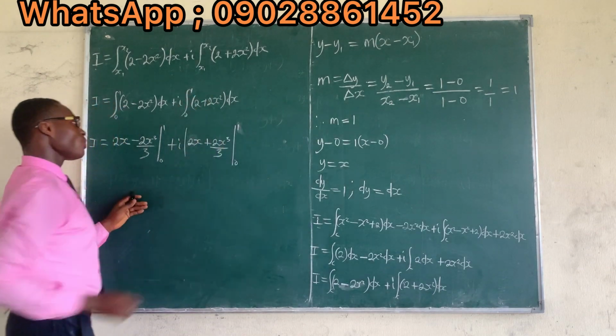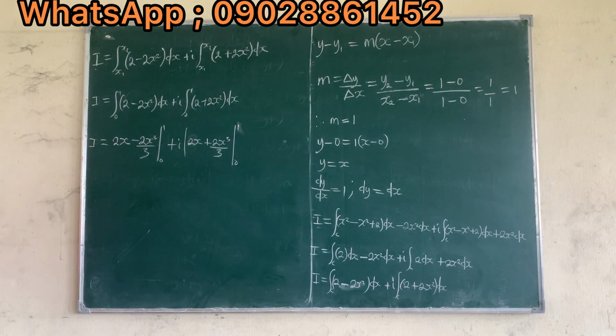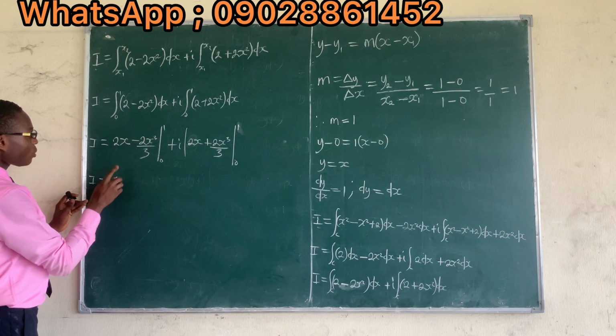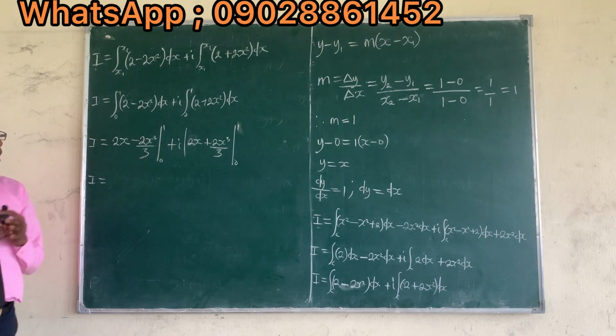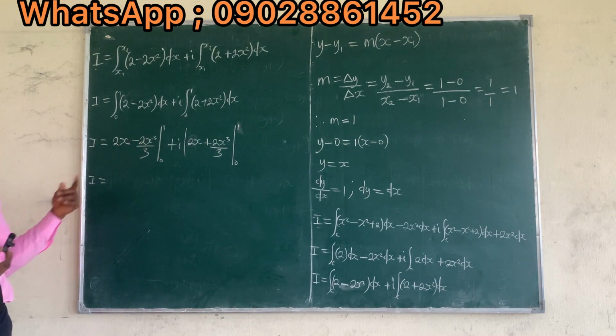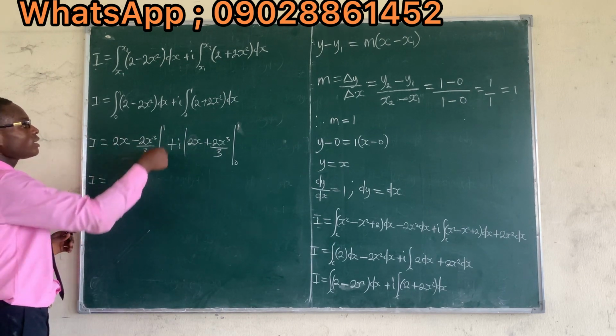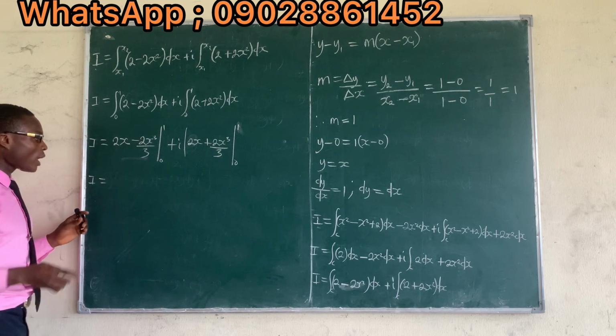Please don't forget your integration: simply add 1 to the power and divide by the new power. How do we take limits? Simply put the upper limit into the function you integrated and then subtract the value at the lower limit.